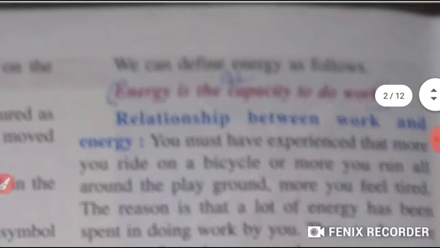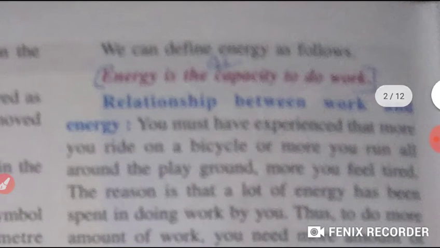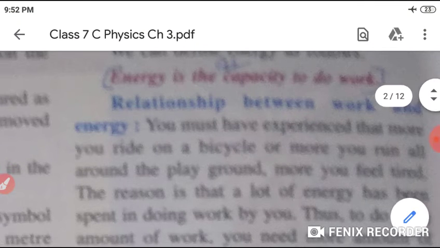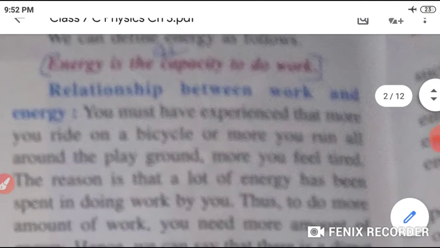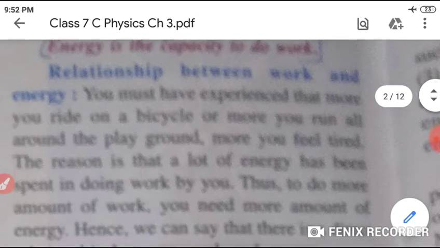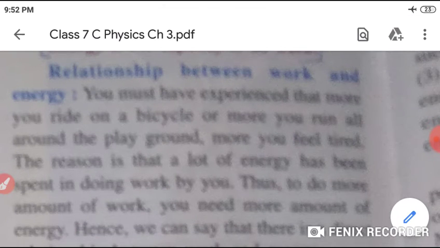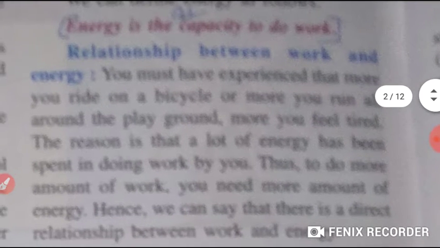Now listen, students, we can say about energy that energy is the capacity to do work. So what is the relationship between work and energy? Students, we have experienced that the more you ride a bicycle or the more you run around the playground, the more tired you feel.